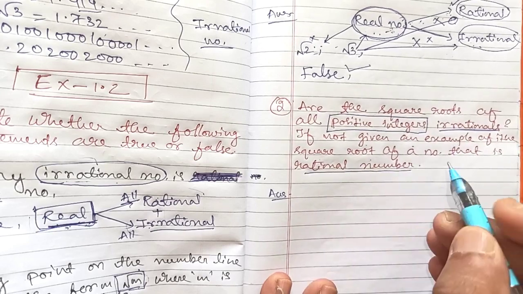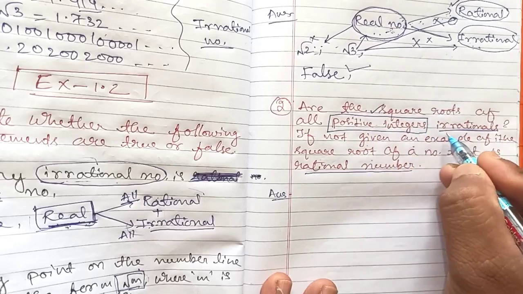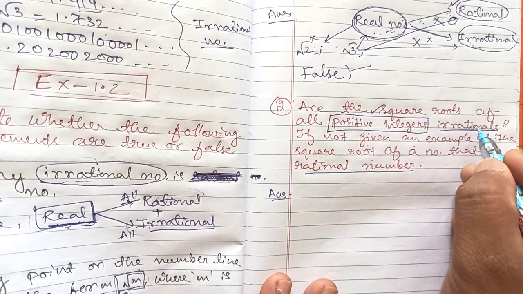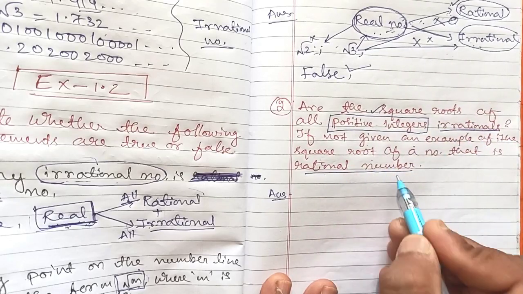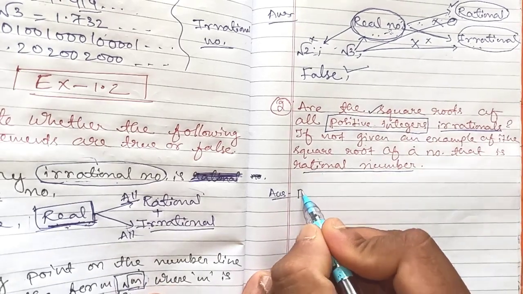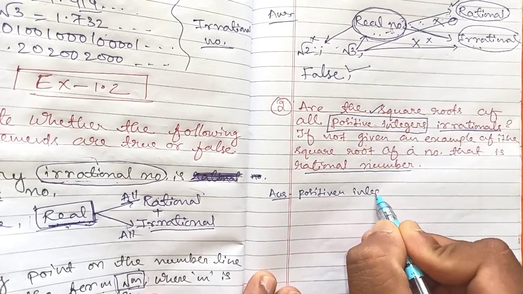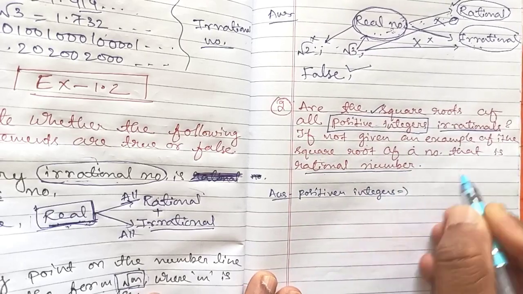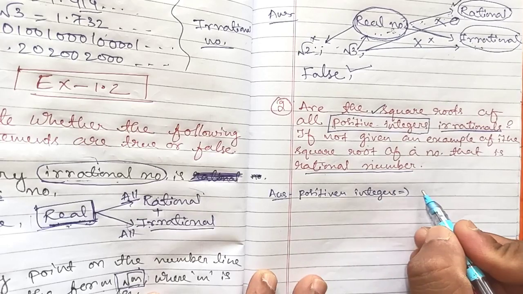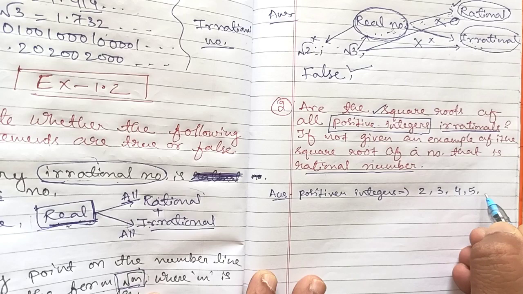We have to tell whether the square roots of all positive integers are irrational. If they are not irrational, then we have to give an example of a rational number. So I will write a few positive integers and we will check whether the square roots of those numbers are irrational or rational. I will start from 2, 3, 4, 5.